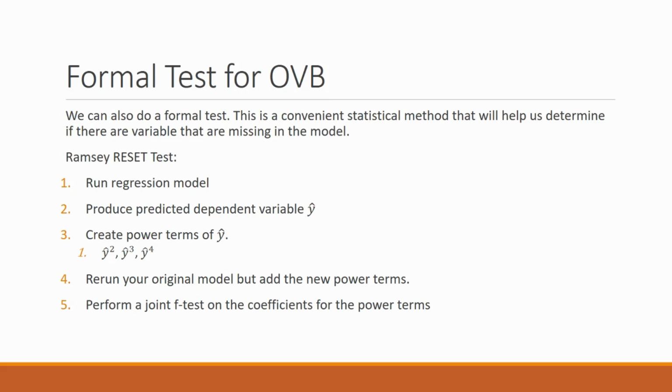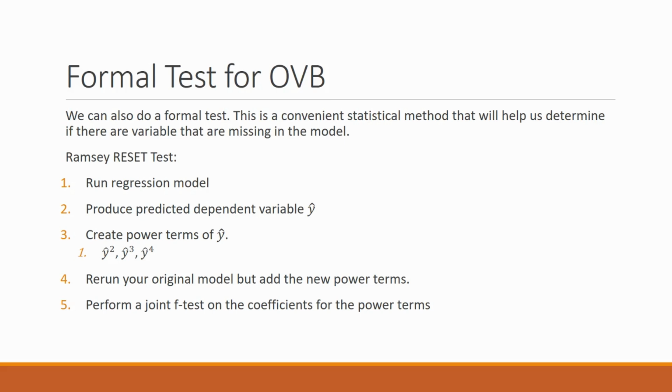So what this test does is it's a formal test to see whether or not our model is excluding polynomial terms, squared terms, etc. So is our model excluding relevant or important squared terms? All right, so this is a test that partially tests for omitted variable bias.